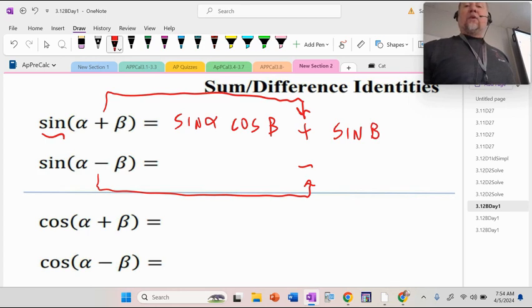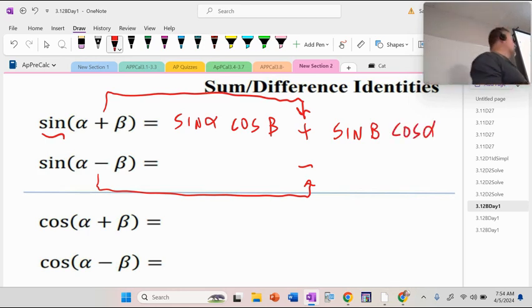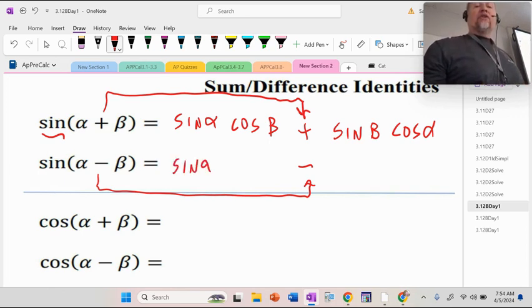And I did cosine beta here, so this is cosine alpha. Sines are the same: sine cosine, sine cosine, and switch the angle measures. Really not a tough memorization, because the next one is exactly the same structure, except the signs are the same.